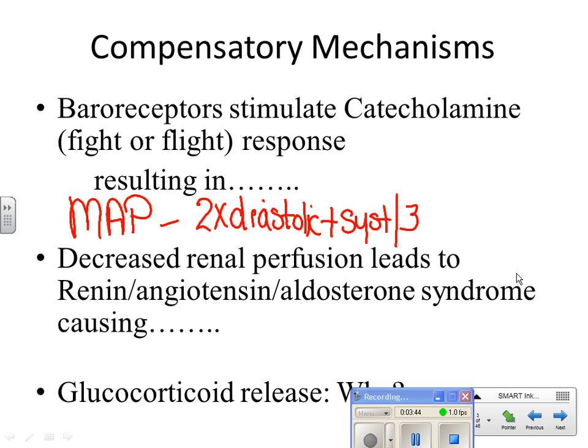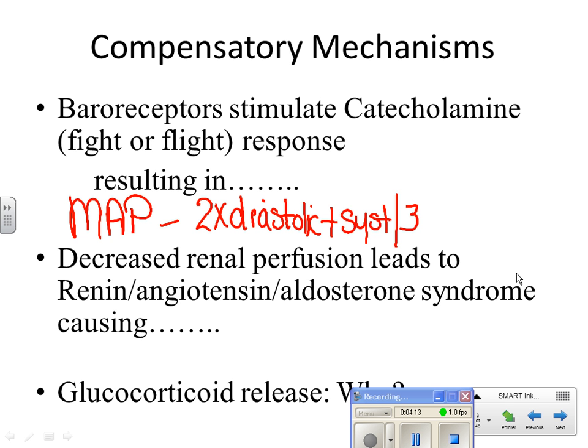So let's look at a couple of blood pressures that you might see and kind of do the math and see if we have a good mean arterial pressure or a bad one. If we have the patient that has the textbook blood pressure of 120/80, what would be our mean arterial pressure based on 2 times the diastolic plus the systolic divided by 3?